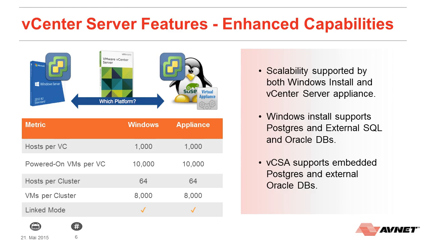Now they are exactly the same so far as scalability in the number of hosts, the number of VMs, all of those types of metrics that we support inside of vCenter. So you can now make the decision on which version of vCenter you want to run, less about the scalability options and more about the other operations that are happening inside of your enterprise.